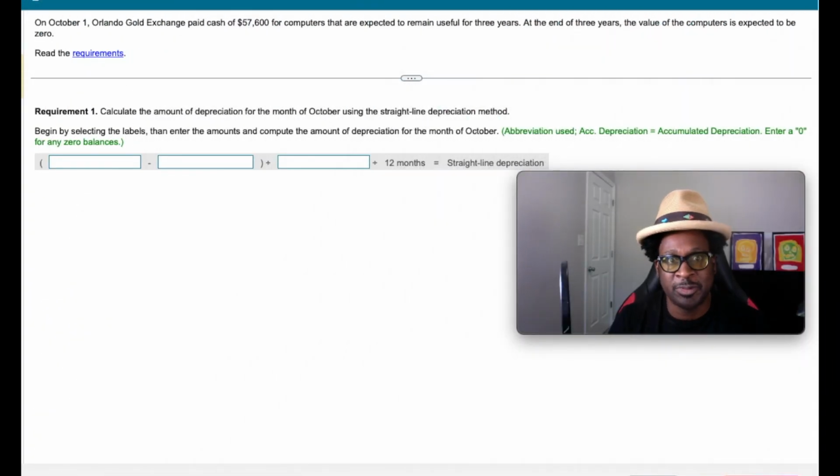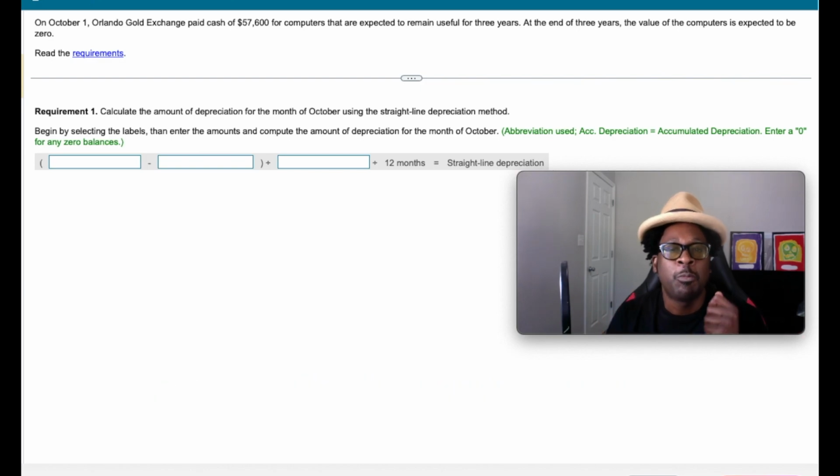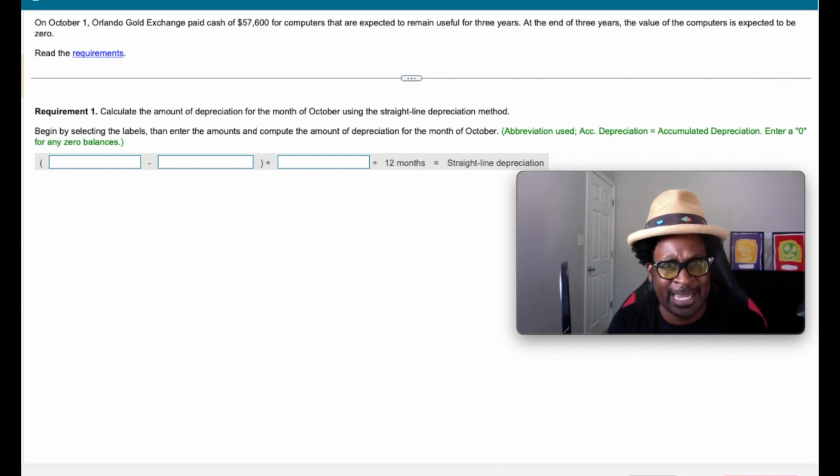So a quick recap on depreciation. Depreciation is a process in which we lower the value of long-term assets that we keep on the books longer than a year, throughout its life. We consider it an adjusting entry because it's done at the end of each accounting cycle or period. With this process, two things happen.